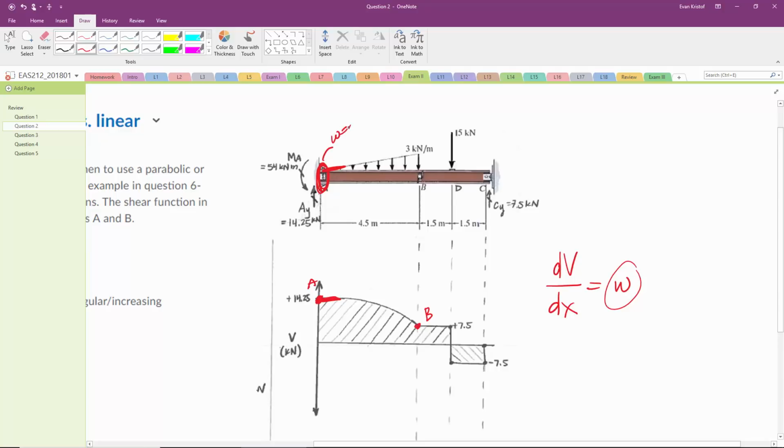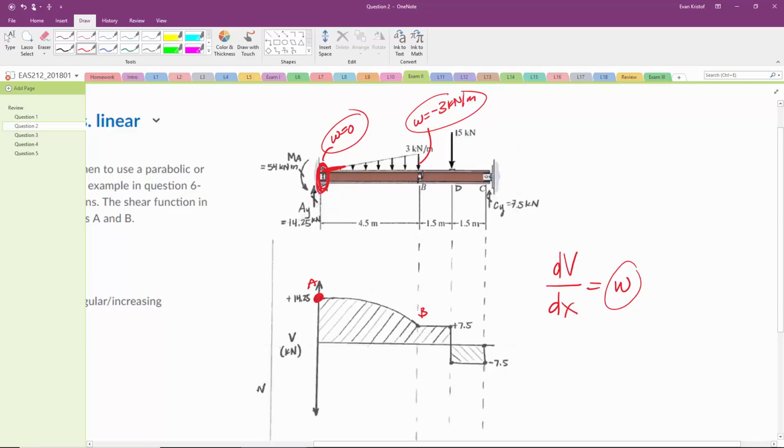So here w equals 0, and then over here on the far right hand side, w equals negative 3 kilonewtons per meter. That tells me at A, the slope of the shear diagram is 0. At B, the slope of the shear diagram is some negative value. So one thing that's helpful, I think, is once you've plotted your points, which I'll show here with little circles.